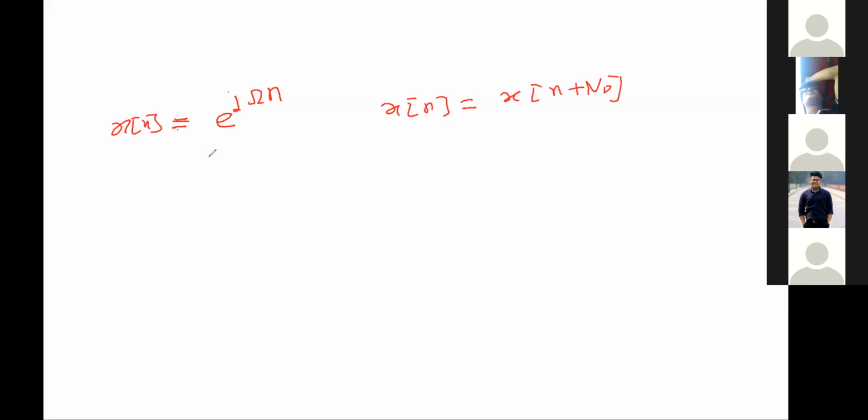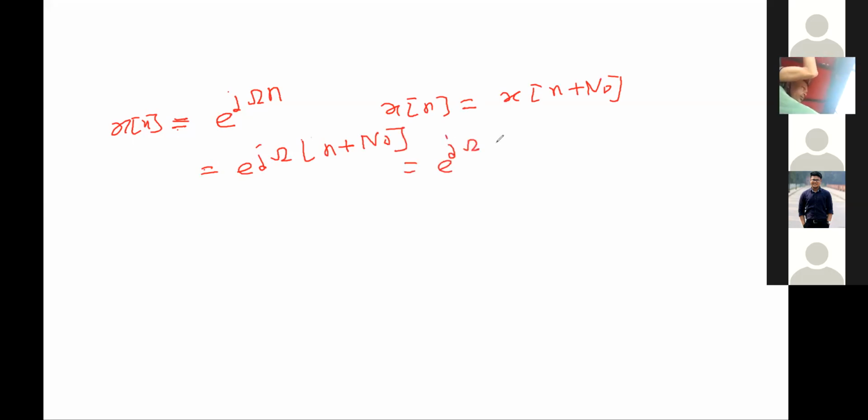That will be equal to e to the power j omega n into e to the power j omega n0, isn't it? Then if they are to be equal, e to the power j omega n0 must be equal to 1.